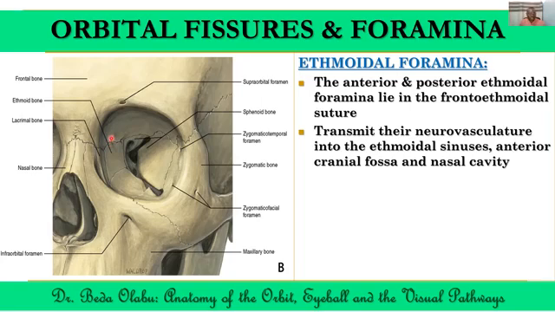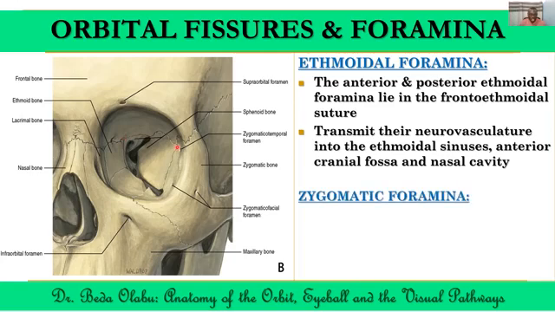So we have the anterior ethmoidal nerve, artery, and vein passing through those foramina to enter into the anterior cranial fossa, as well as to go to the ethmoidal sinuses and to the nasal cavity.